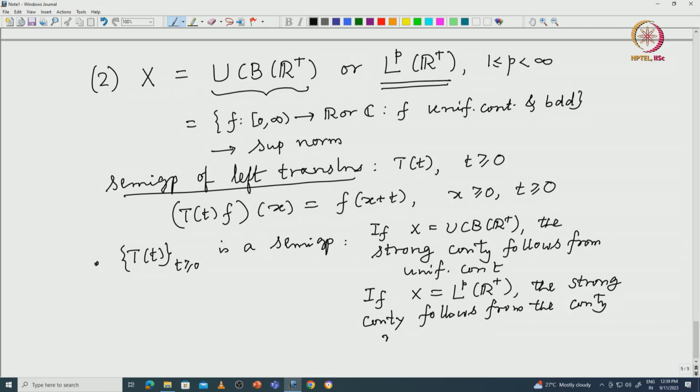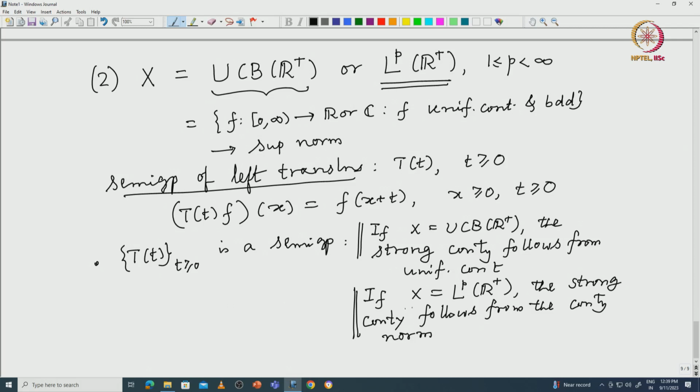So, you see, you are going to use all the tools developed in analysis in the first part of this course. Okay. But work out the details. Write down the definition of the strong continuity and see that the properties of the functions in these respective spaces are used very much.